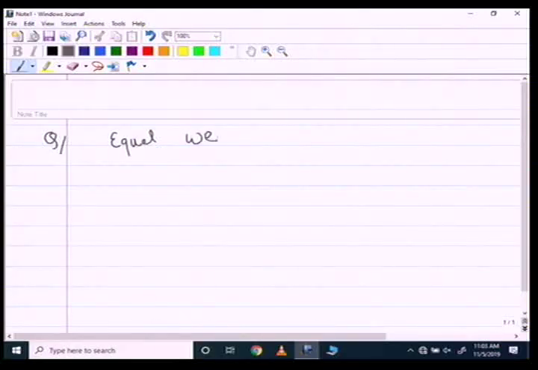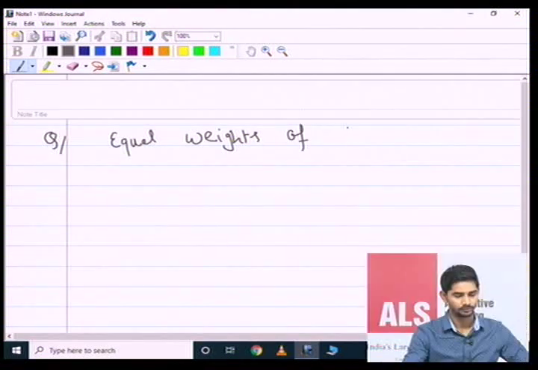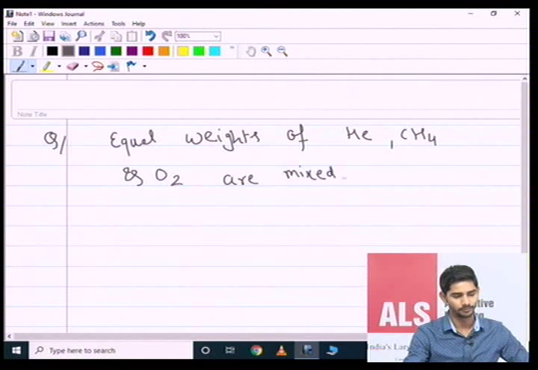See, equal weights of helium, CH4 and O2 are mixed in a container at 25 degrees Celsius.